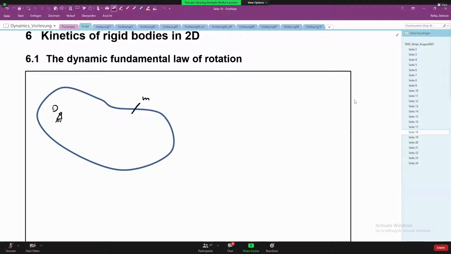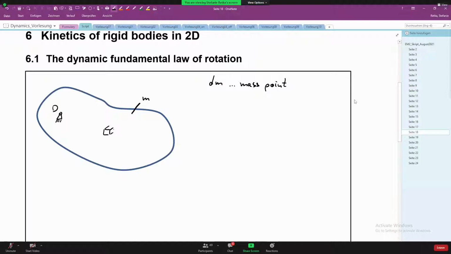So in this general case, we will simply pick a mass point dm, and this could be, for example, here.